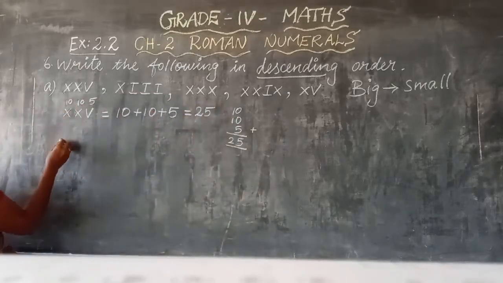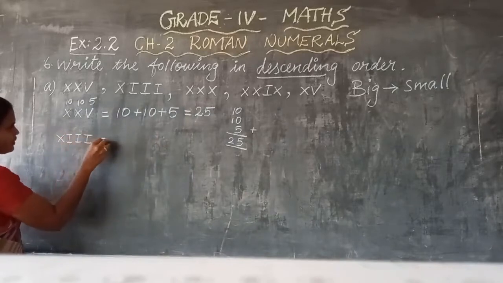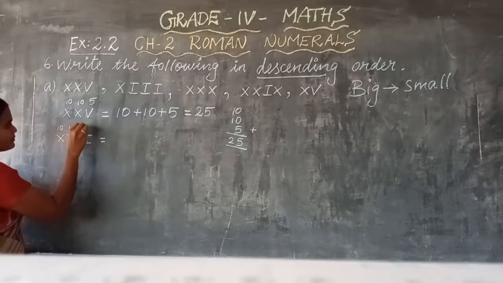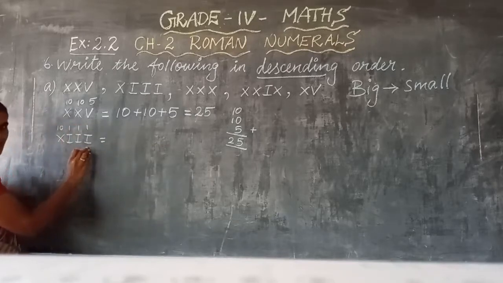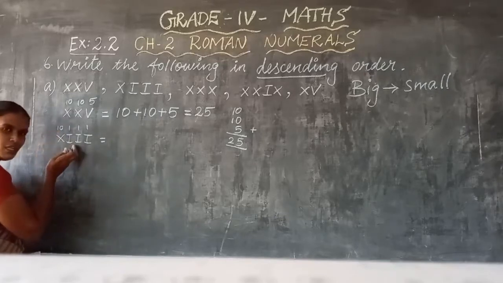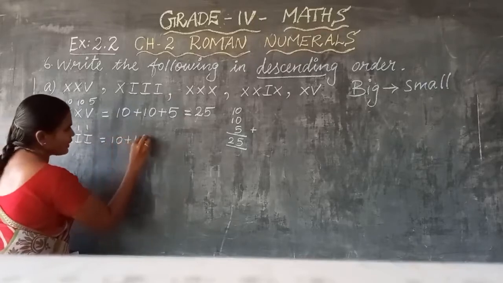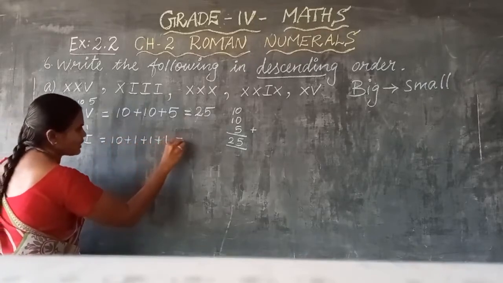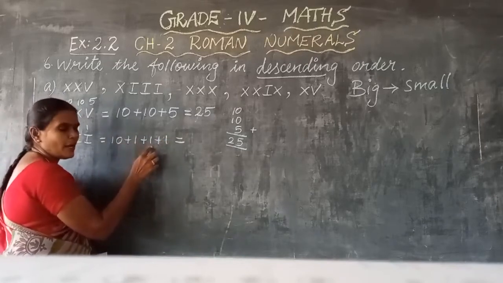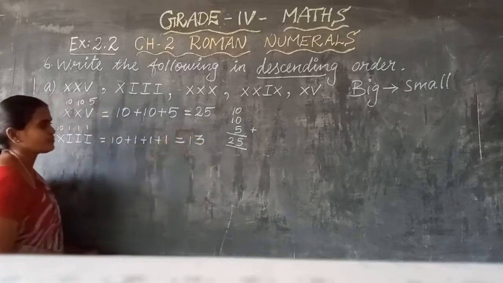Okay. Next XIII. X value 10, I value 1. Repeated means addition. So here greatest number is X. Right side we have the small number means addition. So 10 plus 1 plus 1 plus 1 equal to 10 plus 1, 11. 11 plus 1, 12. 12 plus 1, 13.